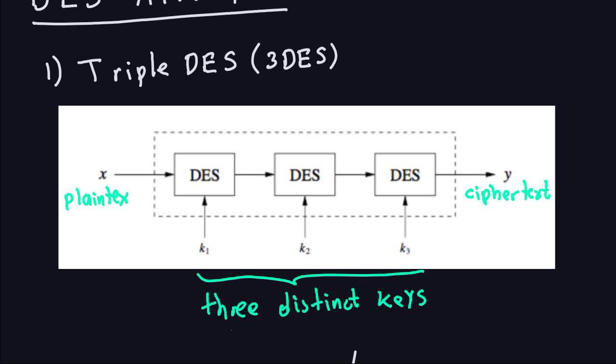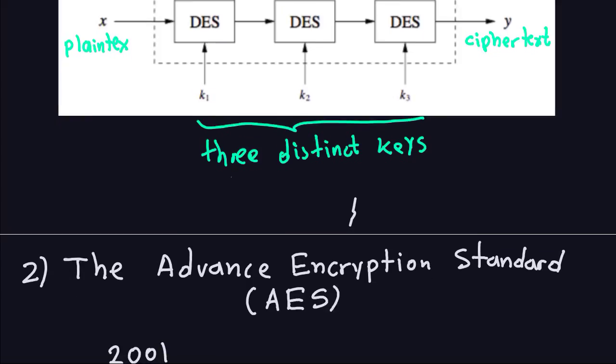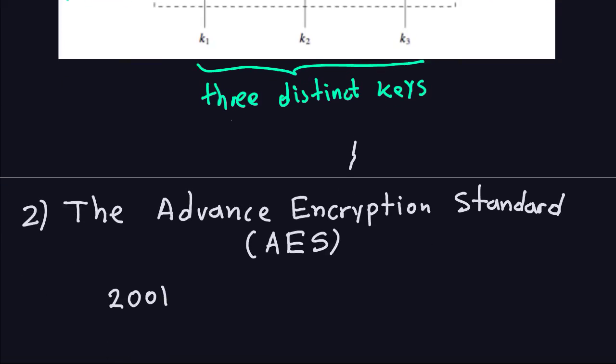Another alternative, and the one that we're going to study later, is the Advanced Encryption Standard. The Advanced Encryption Standard is also a standard adopted by the U.S. government, and it was adopted in 2001. It was similar to the birth of DES.